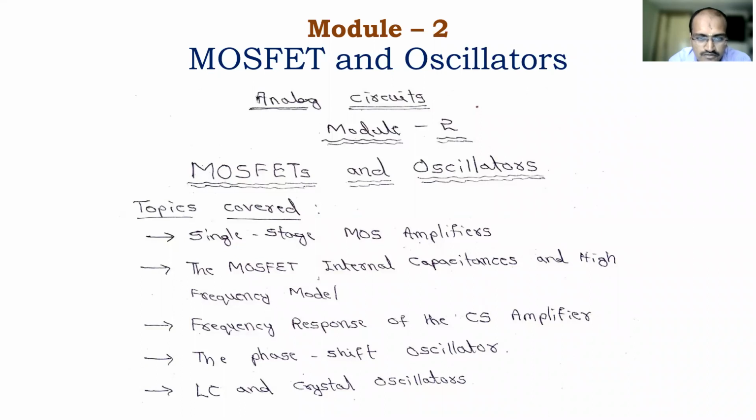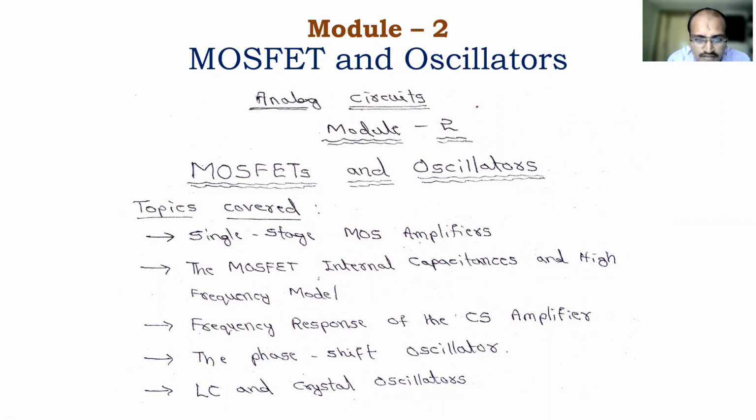Then we'll look at the other aspects, MOSFET internal capacitances and the high frequency model. Previously we have seen the hybrid pi model, an equivalent circuit. Now when we discuss the capacitance effects in the MOSFET, we come across the high frequency model.